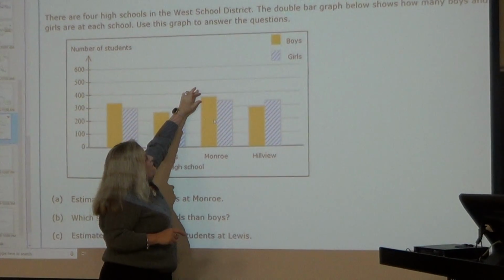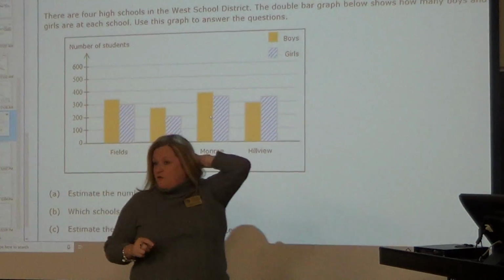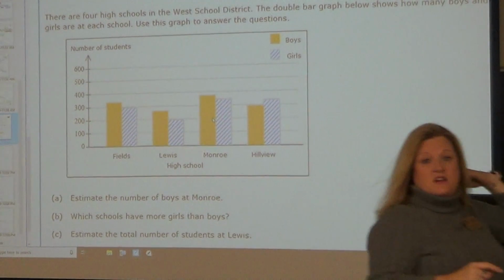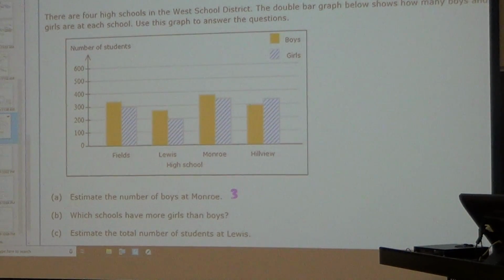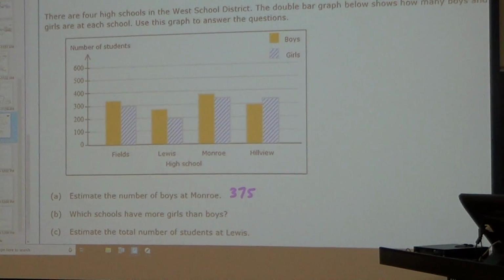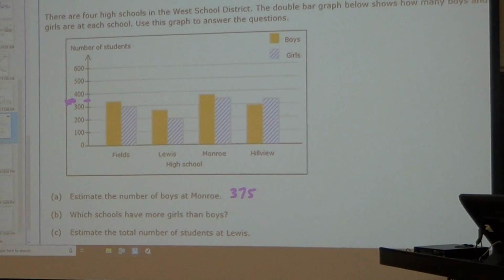It's really halfway between 350 and 400. So what's halfway between 350 and 400? 3/4. So if this is 350, halfway between that would be about 375, and that would be about 325, like you're counting by quarters. $3, $3.25, $3.50, $3.75, $4.